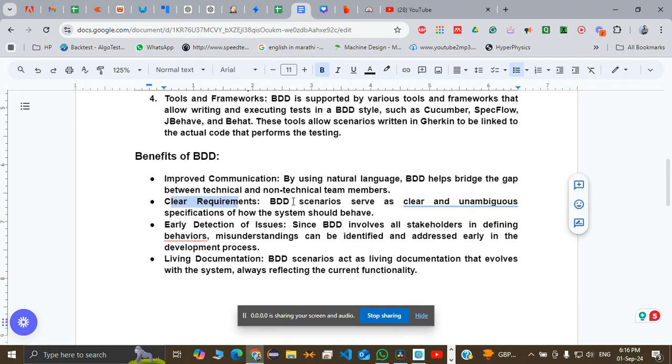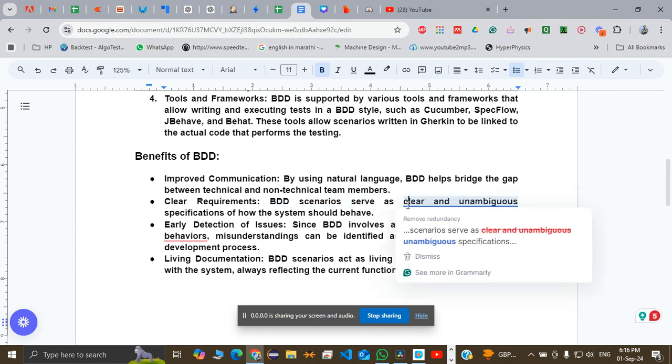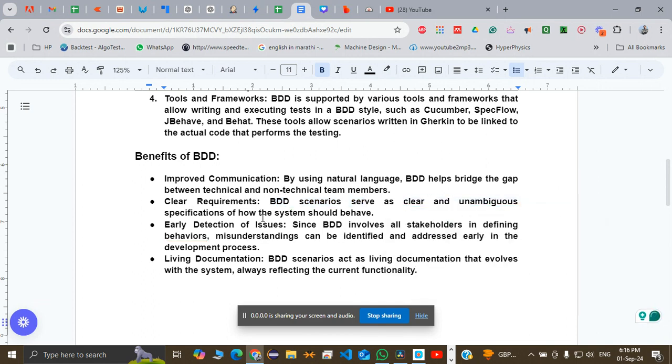Second, clear requirements. With behavior driven development, we can get a clear and unambiguous specification of how the system should work, what the flows are, and where the gaps are. With that we can communicate directly with the developers, and developers also communicate with the tester about those gaps. The tester will again communicate with the BAs or the product owner to understand the functionality, and they can develop the functionality around the same.